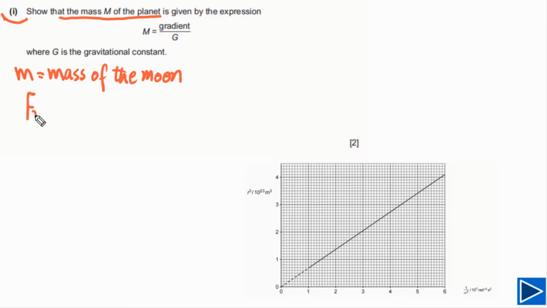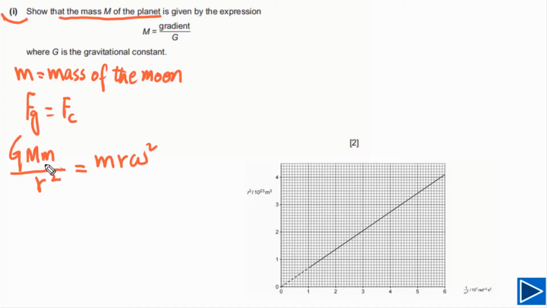So now we can say Fg, we can equate this one with Fc. Fg, gravitational force, is equal to capital G, capital M, small m, means mass of the planet times mass of the moon divided by r squared, the distance between the centers of moon and planet. And this is equal to centripetal force, m r omega square.